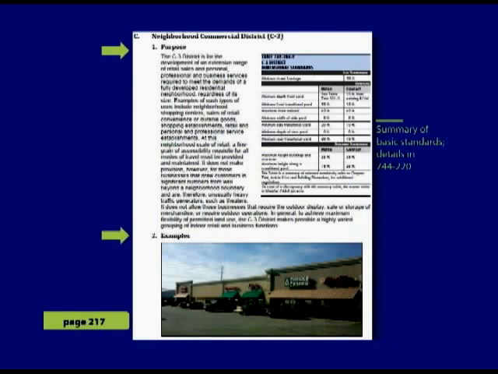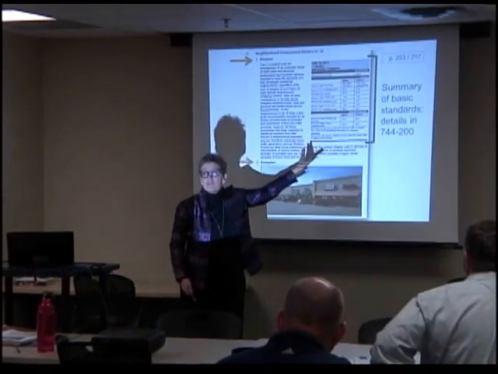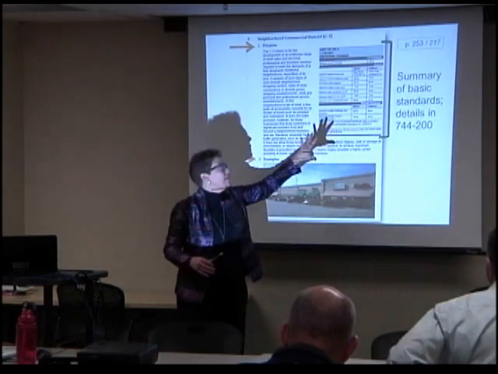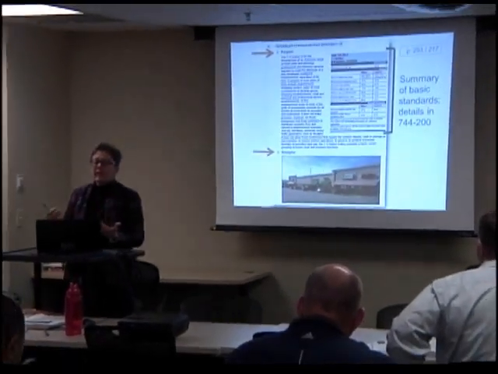In each of the by right districts, we also include with that a summary table. And I want to stress it's a summary. It's a summary of the basic standards, most important core standards, and that's your setbacks and your heights, just so that you can get a flavor for that district.